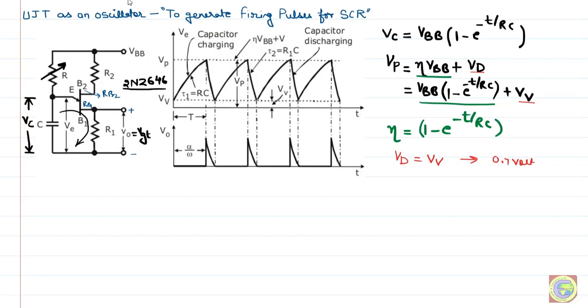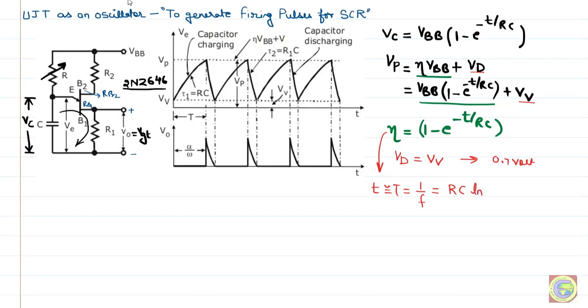Now based upon this, if T is our time period, then we can find the time period in terms of frequency, which is the reciprocal of frequency, equal to RC times ln, that is natural log.